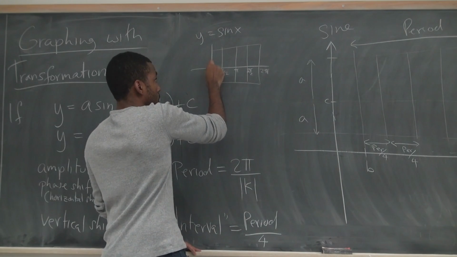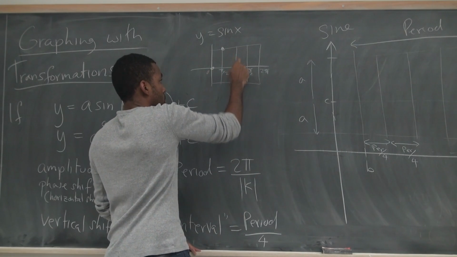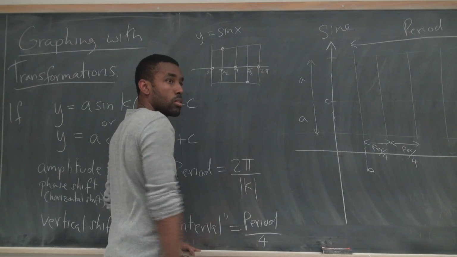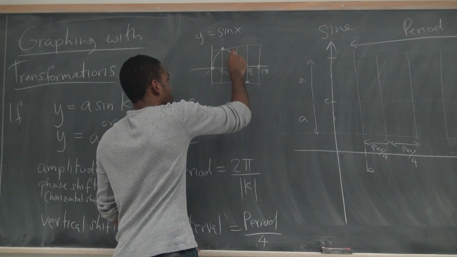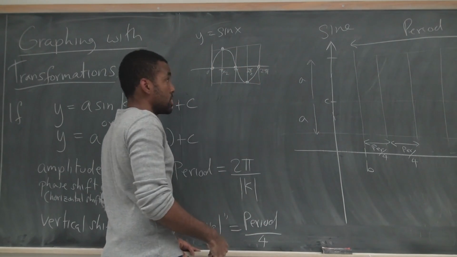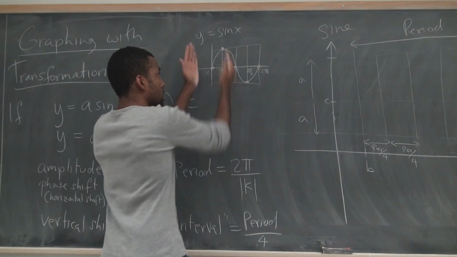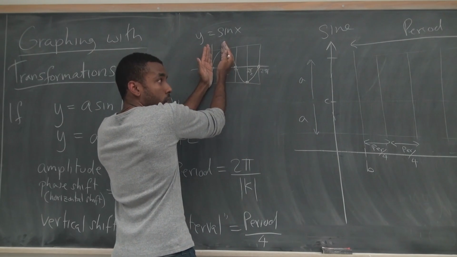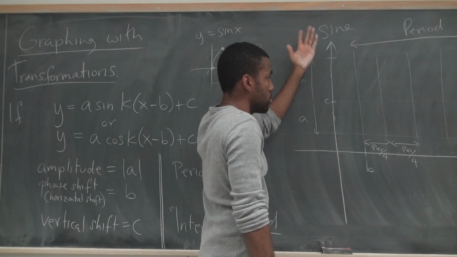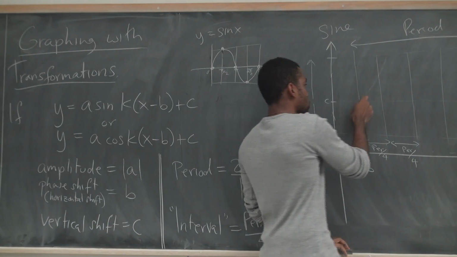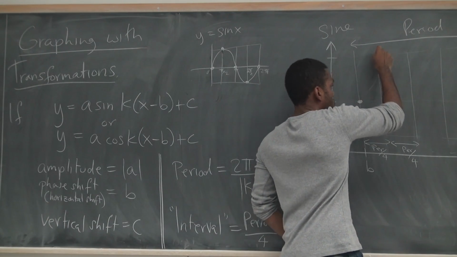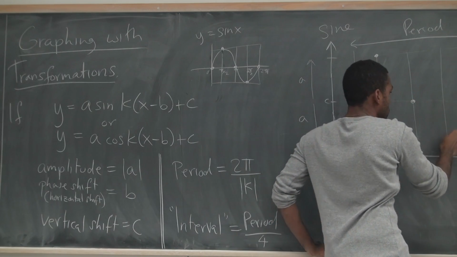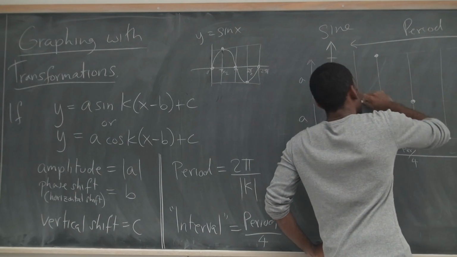Sine starts at the middle, then it hits the top, then it hits the middle, then it hits the bottom, then it hits the middle, right? So sine would look like that. If it's negative, it'll go upside down. But you can think of it as 4 sections where it does one thing. So if I know this is a sine and a is positive, I know the graph will start here, then go here, then here, then here, then here, and I just connect the dots.